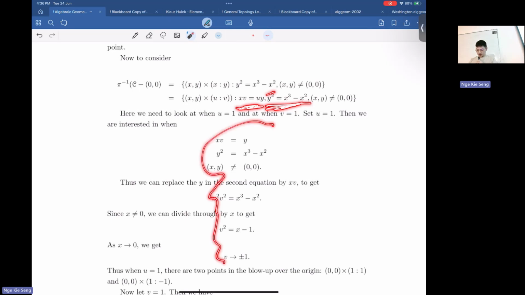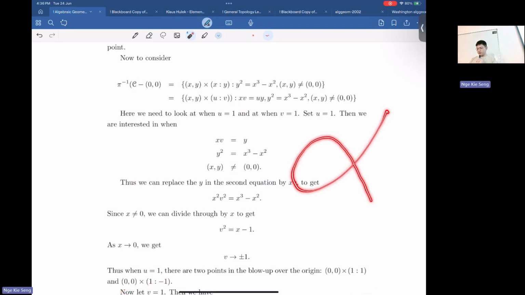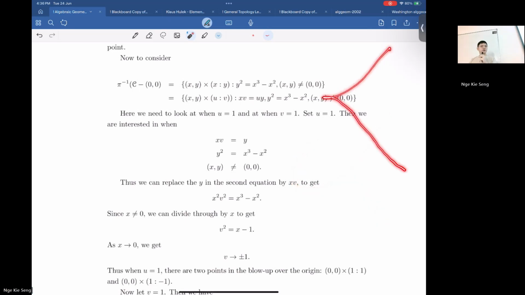You go through the calculation and see that there are two possibilities. It's like what we did last time. Last time we had this curve, and it also got split into two parts. Just go and do the algebra.